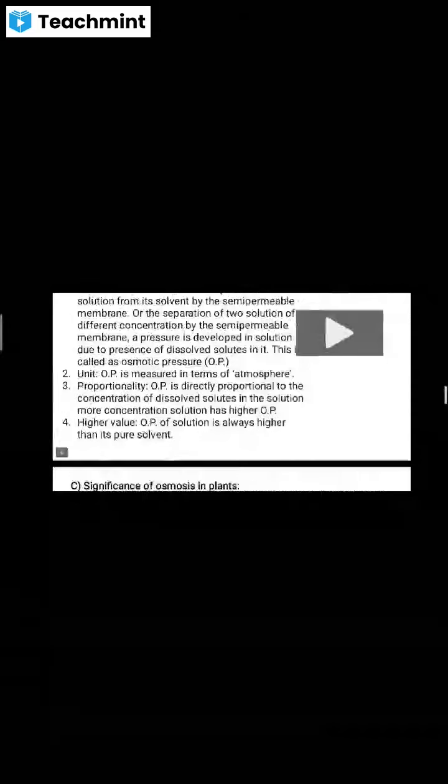In case of seed germination, the osmotic pressure as well as the turgor pressure increases, so seeds will form seedlings.